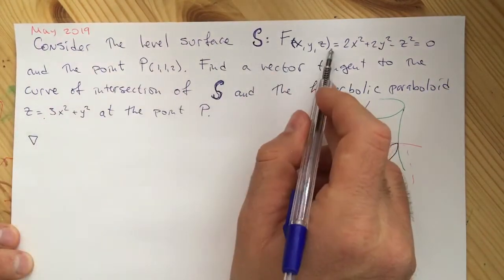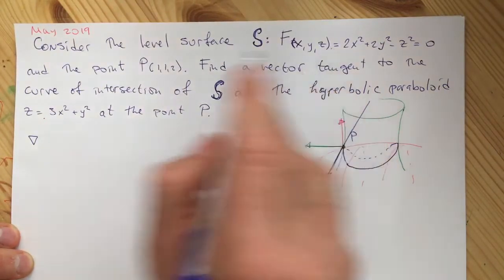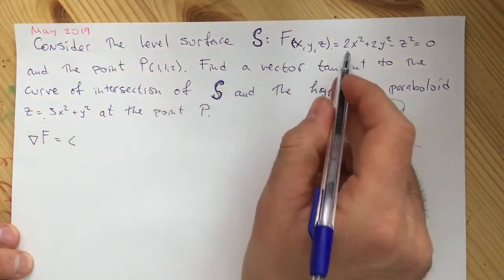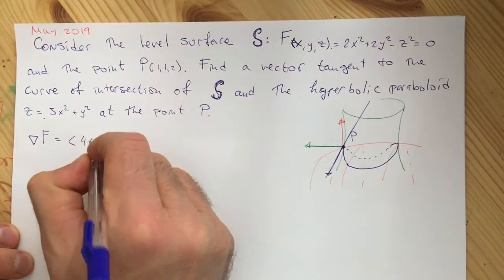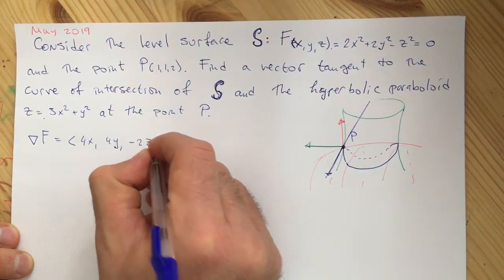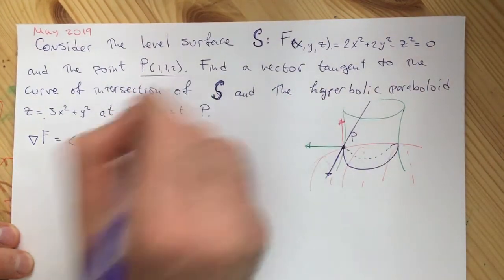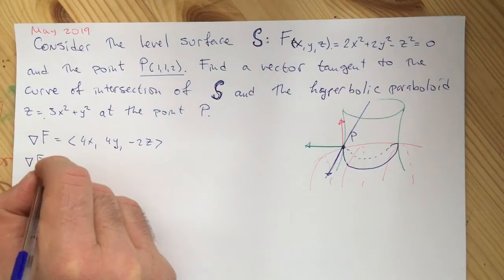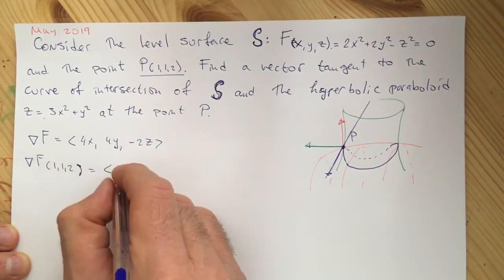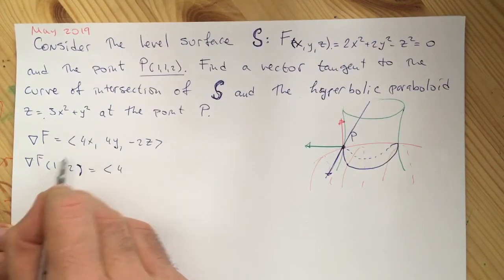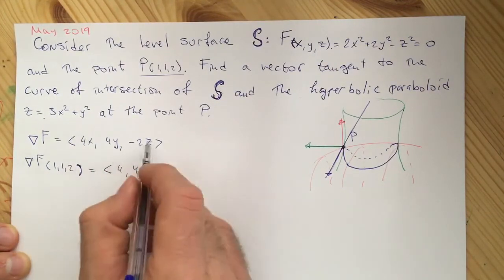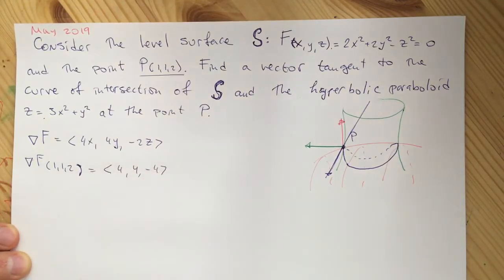Okay? So again, I have the function f, and I find the gradient. That's <4x, 4y, -2z>. And now I have to evaluate this at the point P, so gradient f at the point (1, 1, 2) is the vector, well, I just plug in 1 for x, 1 for y, and 2 for z, that's <4, 4, -4>.